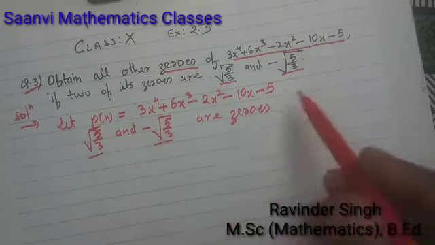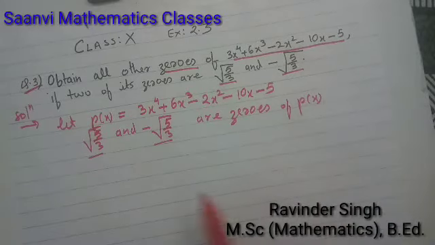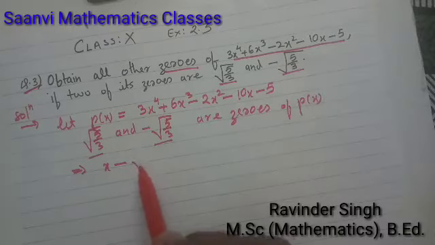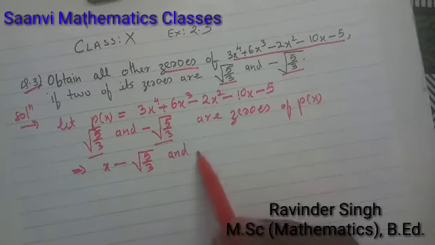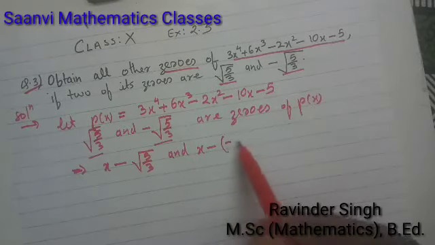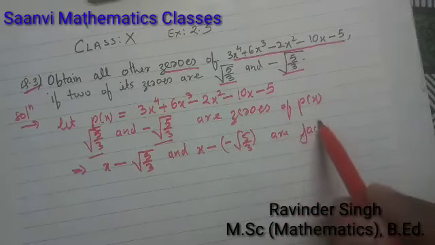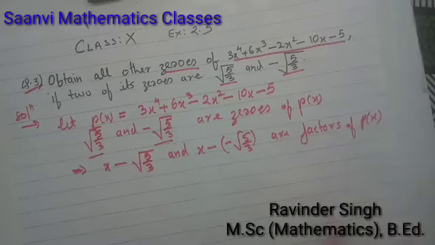Now these are the zeros of the polynomial p of x. So by the factor theorem, can I say x minus root 5 by 3 and x minus of minus root 5 by 3 are factors of the polynomial p of x.